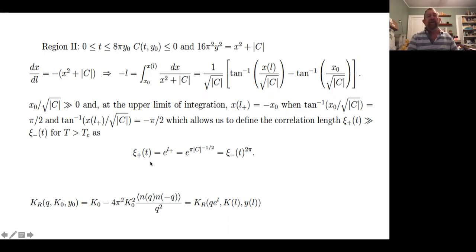In other words, e to the L plus we can call e to the pi over the square root of mod C. And so this correlation length, which is above TC, is equal to the correlation length we evaluated earlier to the power of 2 pi.